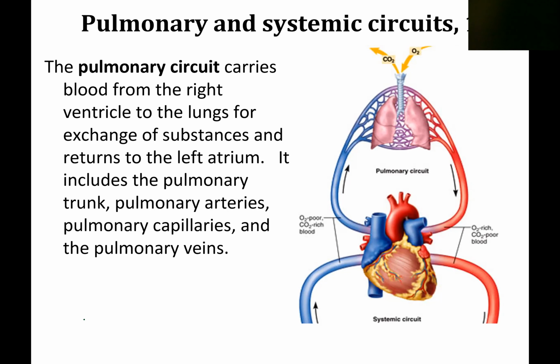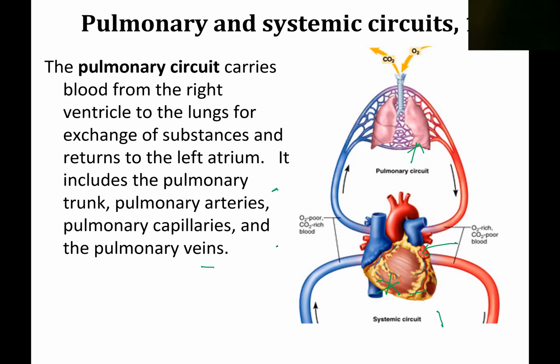The pulmonary circuit carries blood from the right ventricle to the lungs for gas and other substance exchanges, and back to the left atrium. All of these vessels have the word pulmonary in their name.